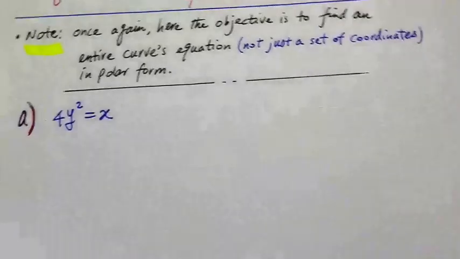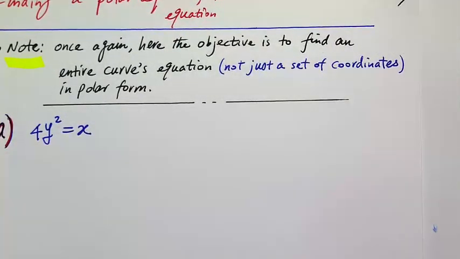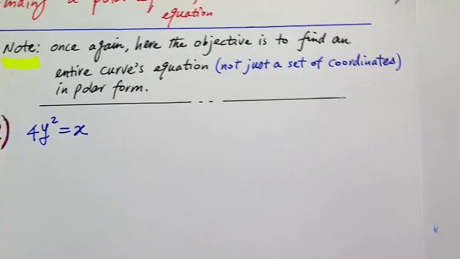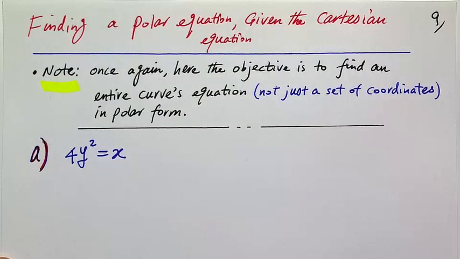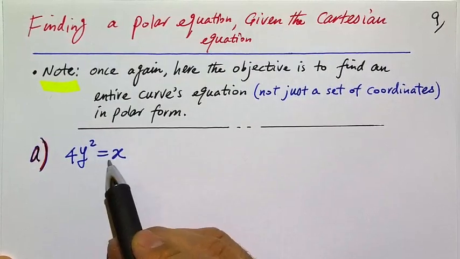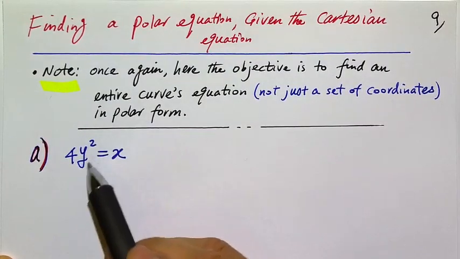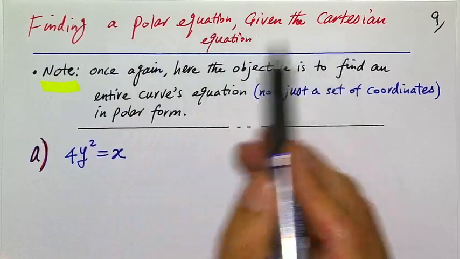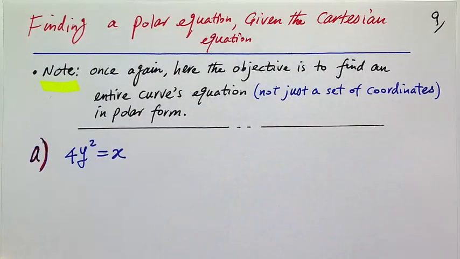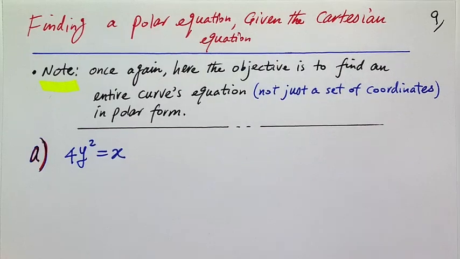Okay, now let's go the other way around. If we have a Cartesian equation, we want to find the polar form for it. So finding a polar equation given the Cartesian equation.